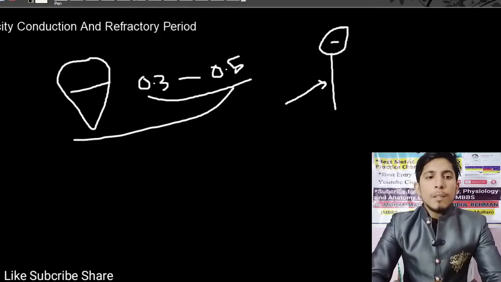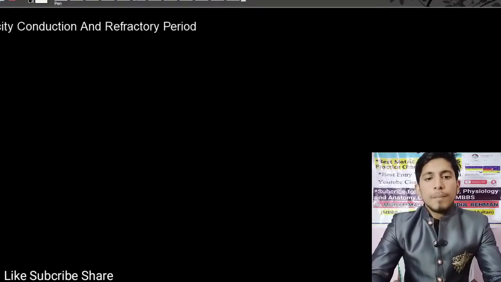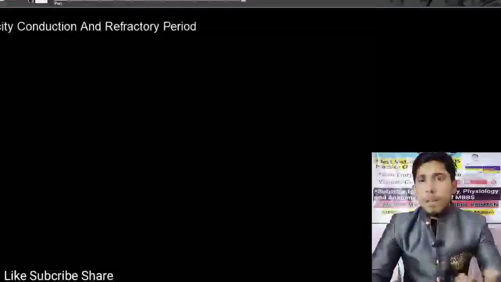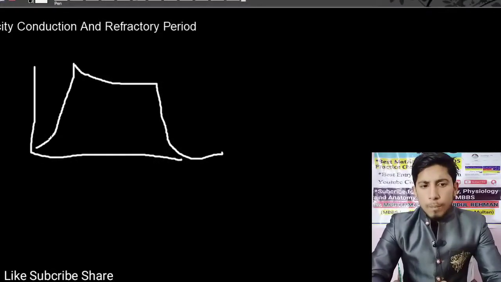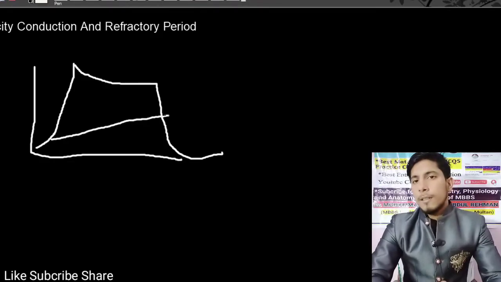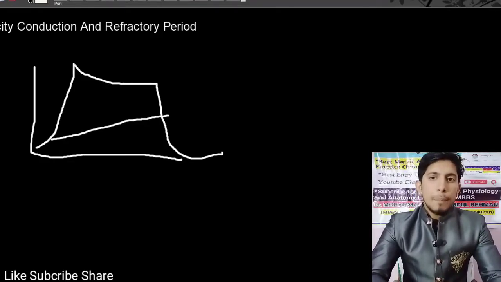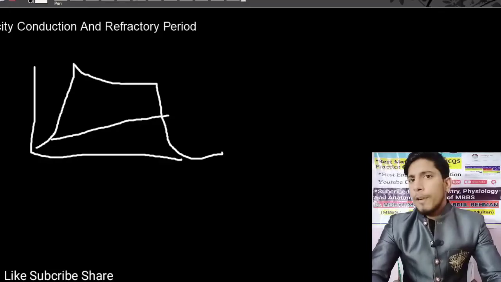Now we are going to discuss the most important topic, the refractory period. What is the absolute refractory period and relative refractory period? The period from phase 0 to the middle of phase 3 is called the absolute refractory period. What is the refractory period?